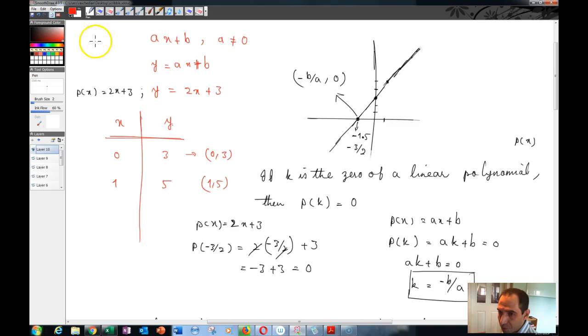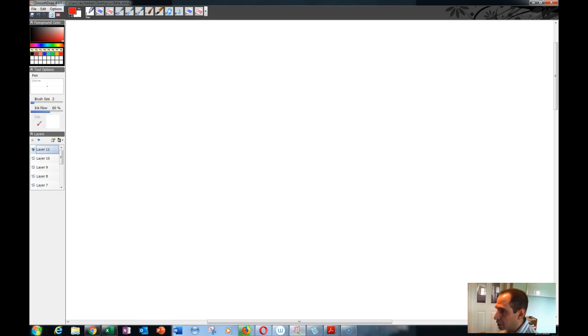Now again, as with quadratic polynomials, we can have some other cases here as well. For example, there are some cubic polynomials that have only 1 zero, and that happens in the case of x cubed.